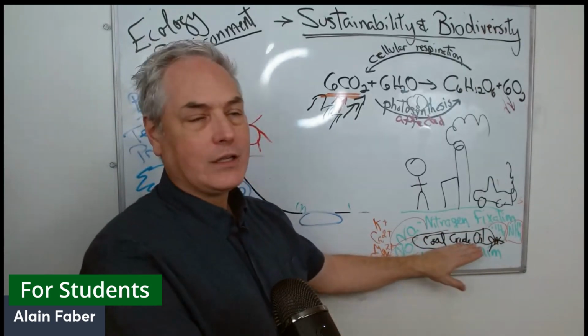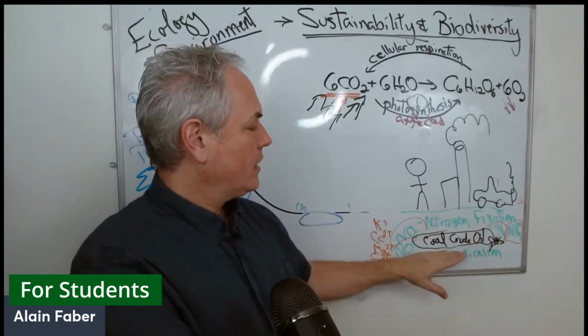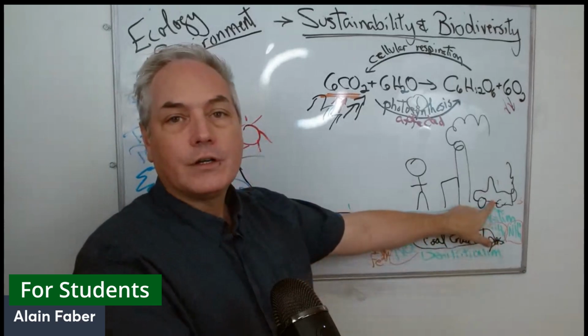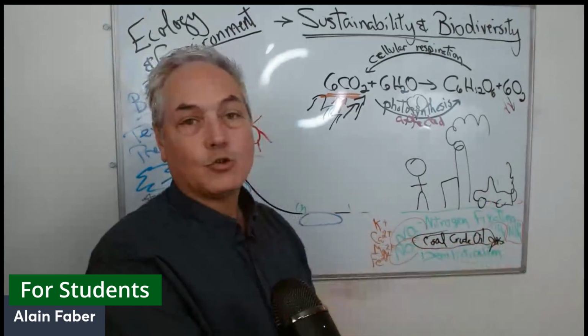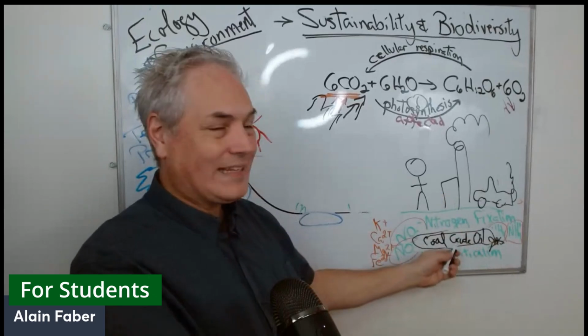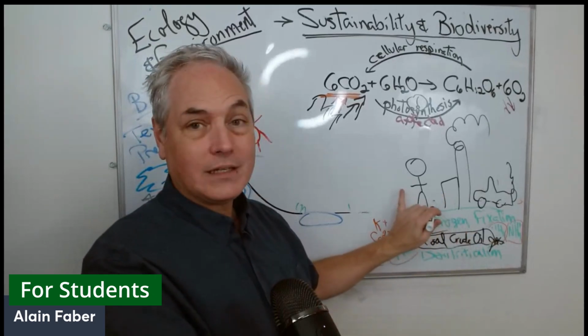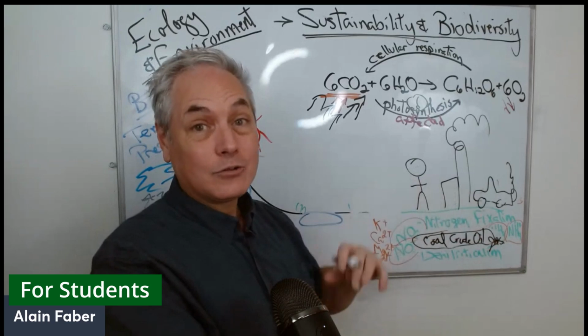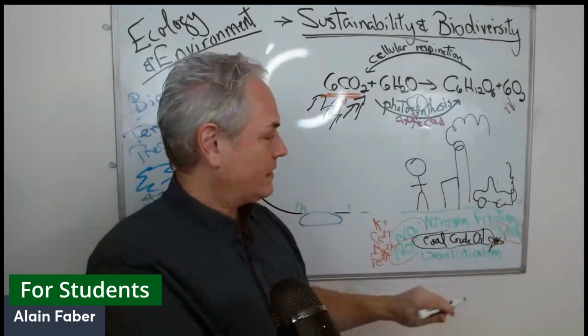Now, using coal for our manufacturing, crude oil for our cars, gas to heat our houses or make things work, what happens is that here we used to have carbon dioxide that was taken out of the atmosphere through photosynthesis.